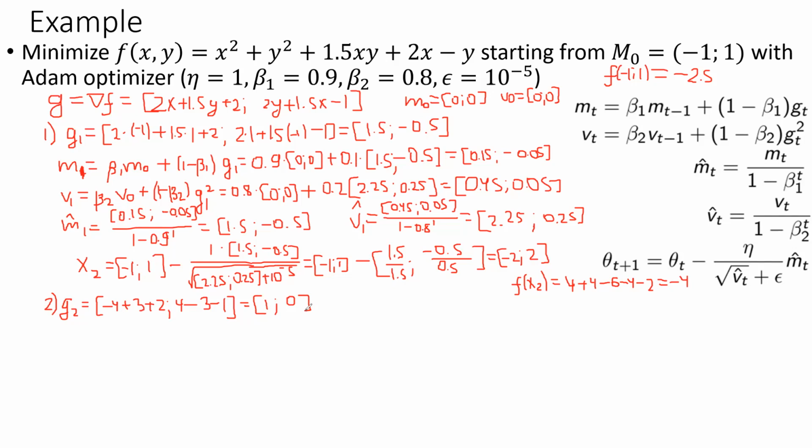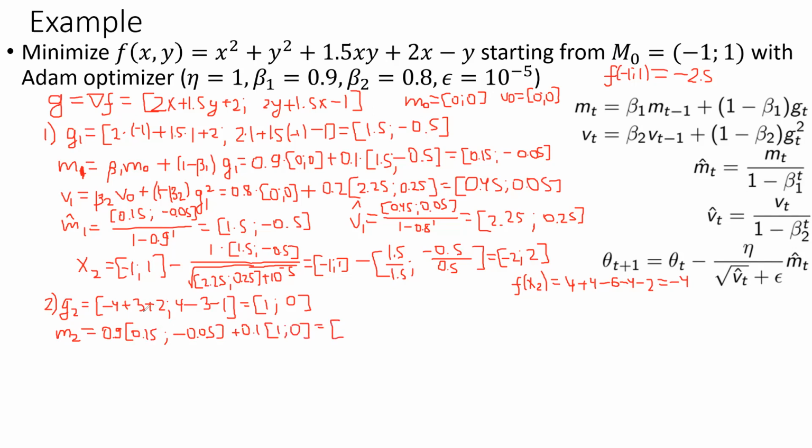Now we can calculate M2 and V2. So M2 is beta 1, which is 0.9, times old value, which was 0.15 and negative 0.05, plus 0.1 times our new vector 1 and 0.